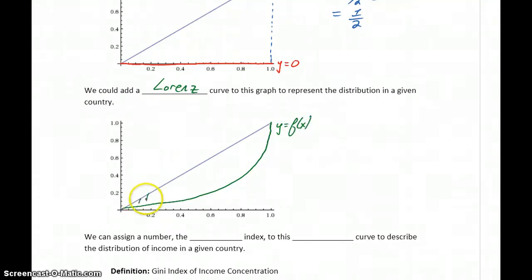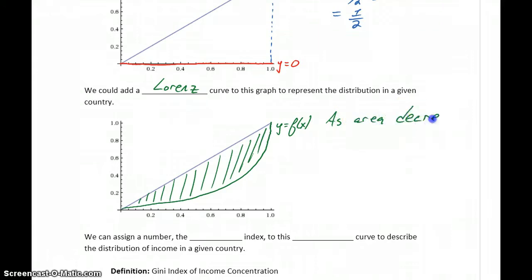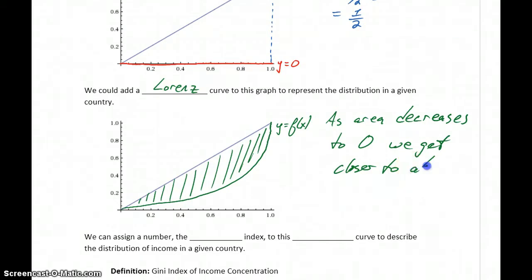So what we're typically interested in calculating is the area, again, between these two curves, where 1/2 is our worst case scenario. That would represent complete inequality. This area starts at 1/2, and then as this Lorenz curve gets closer and closer to that line y equals x, as our area decreases to 0, we get closer and closer to absolute equality.